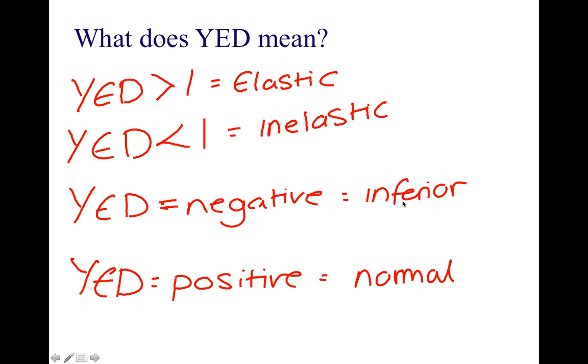An inferior product is where if income increases, the quantity demanded would decrease, and if income decreases, the quantity demanded of this product would increase. Whereas a normal good acts in a more normal way. So if your income increases, you buy more of it, and if your income decreases, you buy less of it.